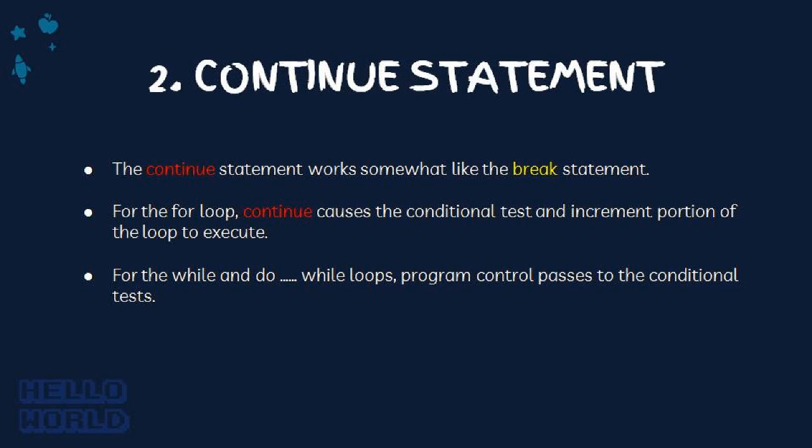Continue statement. The continue statement works somewhat like the break statement. For the for loop, continue causes the conditional test and increment portion of the loop to execute. For while and do while loops, program control passes to the conditional tests.